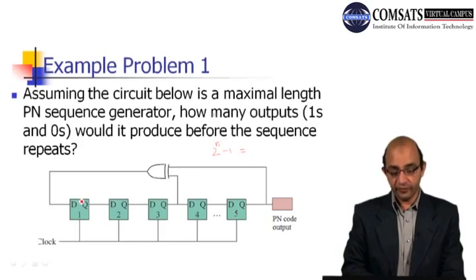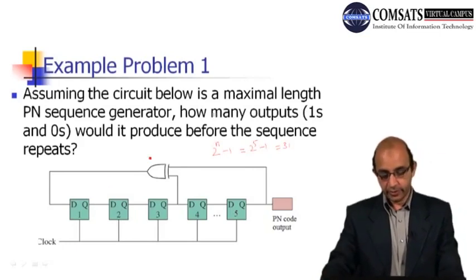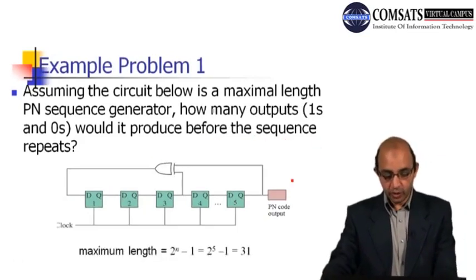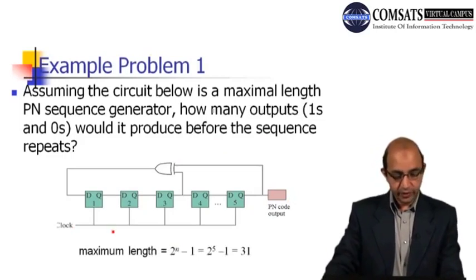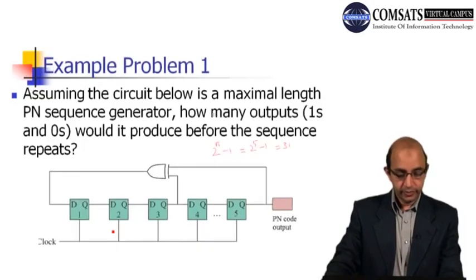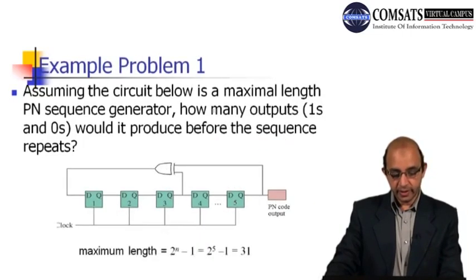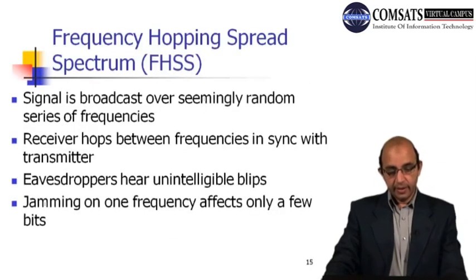We have 5 flip-flops over here, so 2 raised to power 5 minus 1 amounts to 32 minus 1, which is 31. So we have the maximal length of the sequence before it repeats again, right?